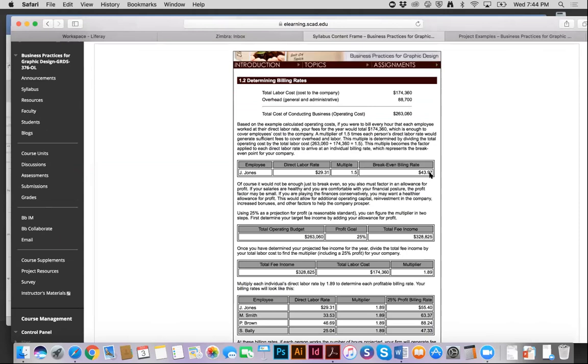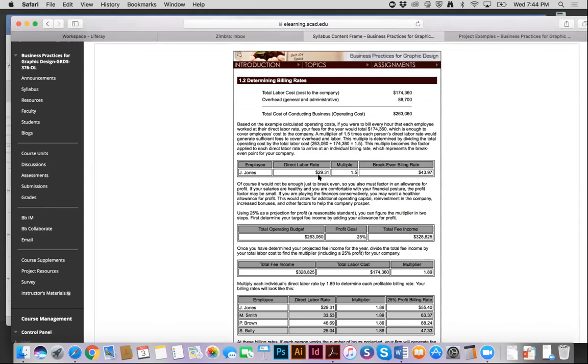And we said earlier in the quarter that if you have an employee like a receptionist or bookkeeper that is not working directly with the clients, you cannot charge clients for their time. So you have to build that into the designer's rates. So keep that in mind. And so you can see the multiplier method here.